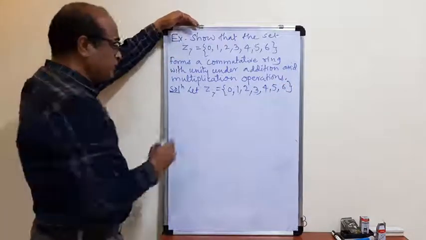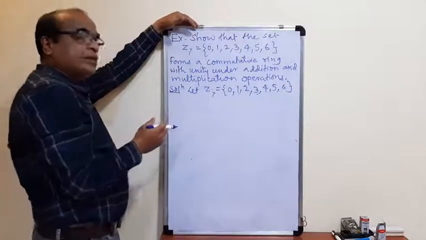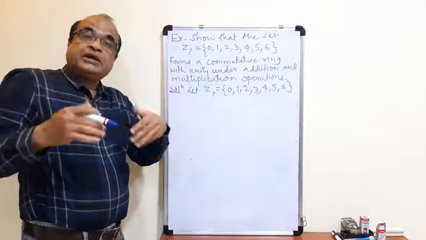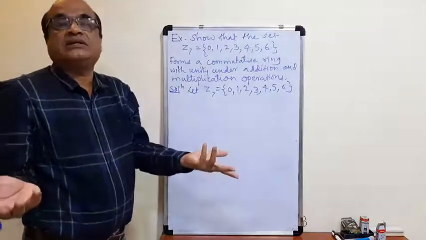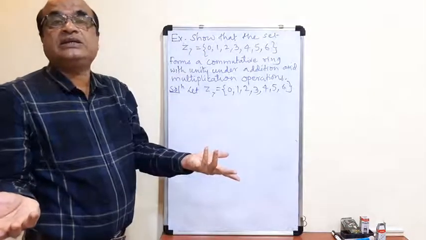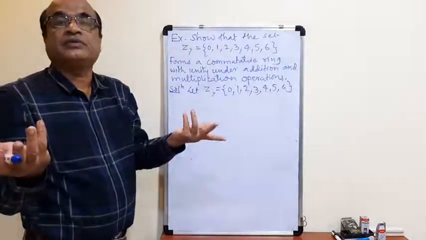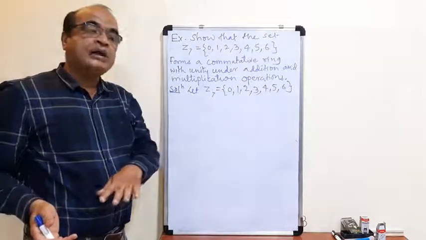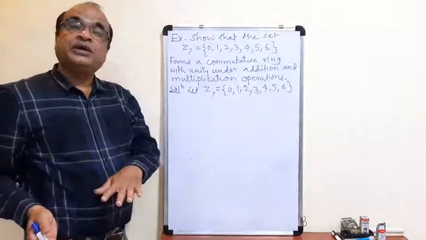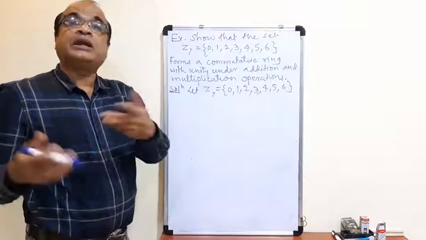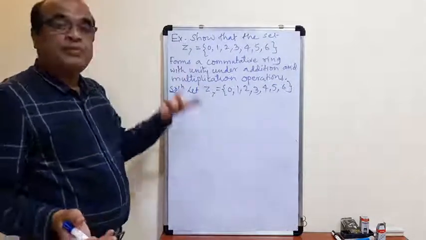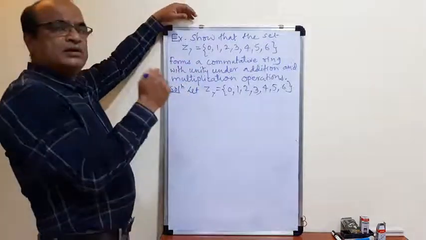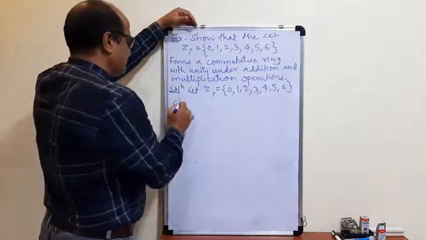First we prove that Z7 is a ring. For that, we prove that Z7 with plus is a commutative group, then associative with respect to the multiplication operation, and addition distributive over multiplication. If those three properties are satisfied, then the set is a ring. So what is the closure property?